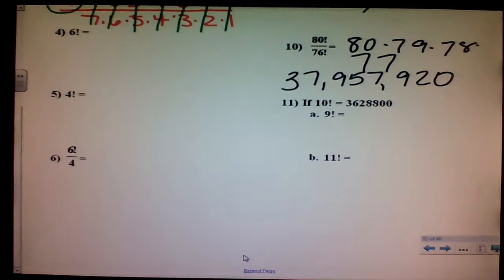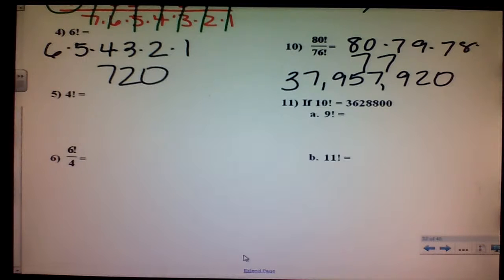Okay, so we know that number 4 is 6, 5, 4, 3, 2, and 1. 720, good. 4 factorial is 4, 3, 2, and 1, or 24. Look at 6. Wait, 4 is not factorialized.